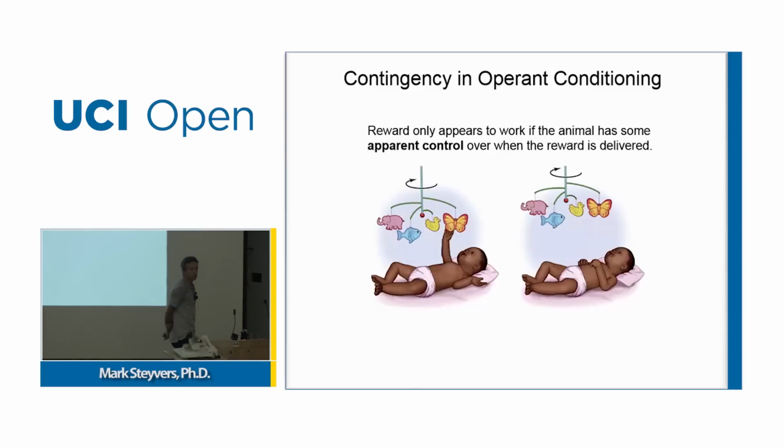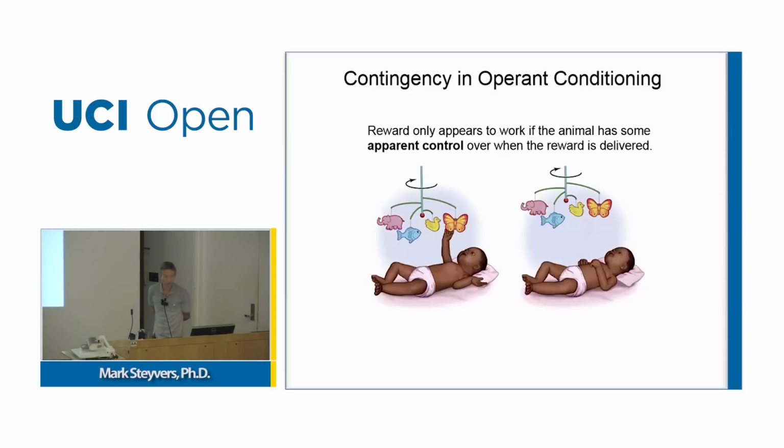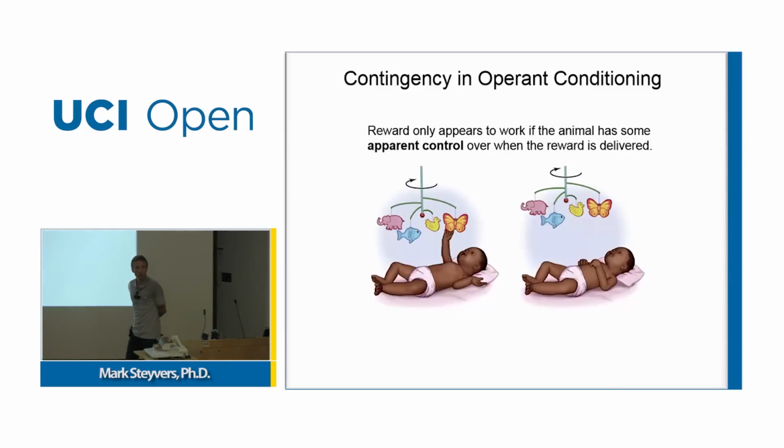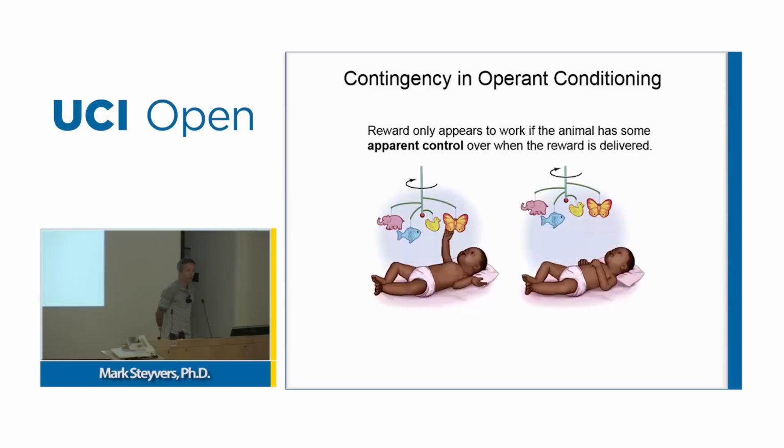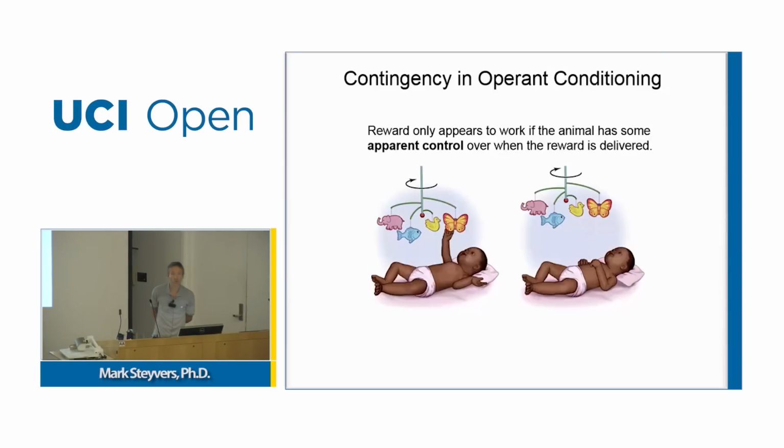So they will do this often in order to elicit this response, or this reward, I should say. Now, if you place another group of infants in conditions where there is no such relationship, there's no switch, but the toy mobile moves around as often as in the other condition, they won't learn anything because they have no control over the situation. There's no contingency.